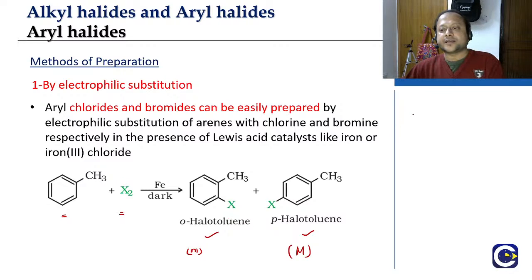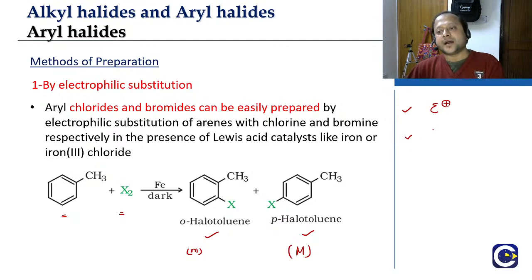The mechanism contains, in the first step, the electrophile being generated with the help of the catalyst. In the second step, the electrophile attacks the aromatic ring and it loses its aromaticity.